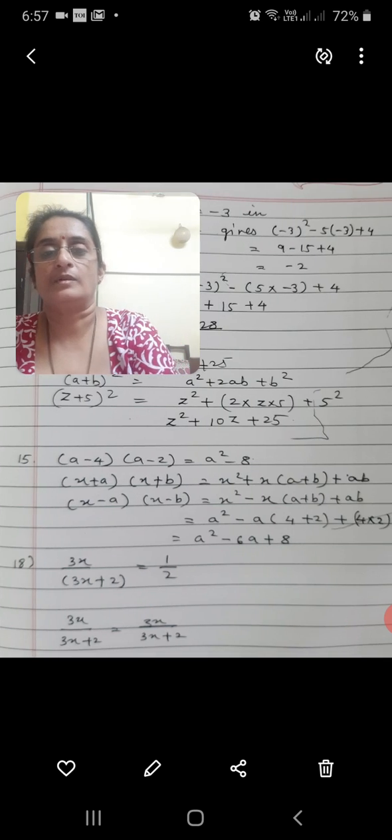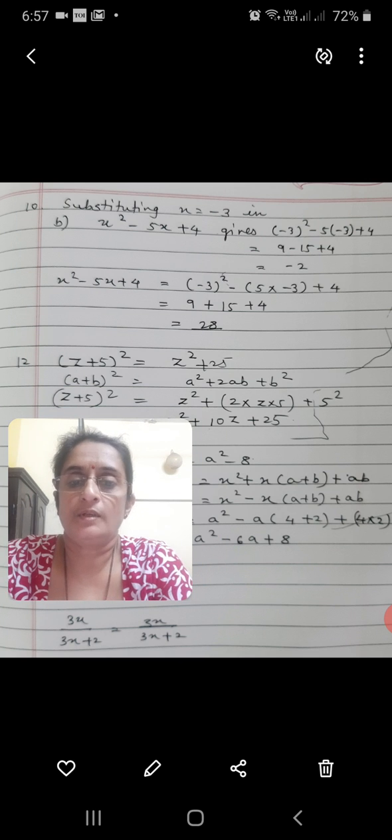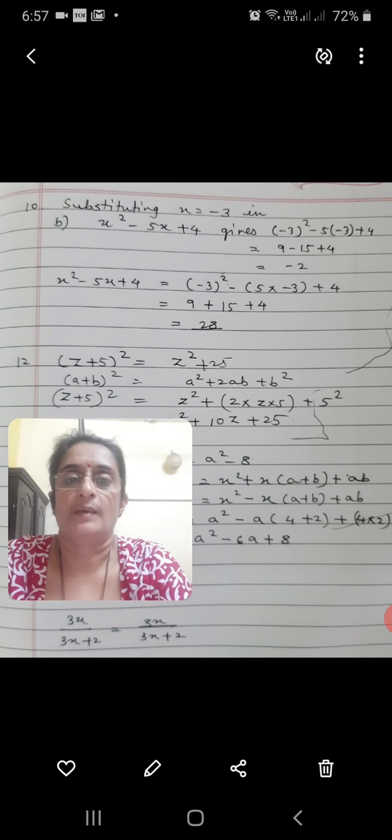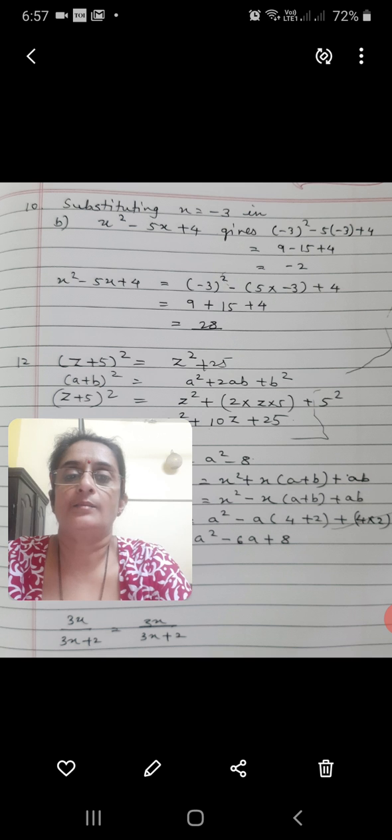The next question is the 10th one. You have to substitute the x value as minus 3 in the given equation and give the correct answer. The given equation is x square minus 5x plus 4, and they gave the answer minus 2.